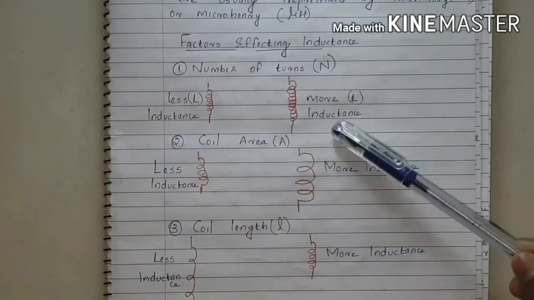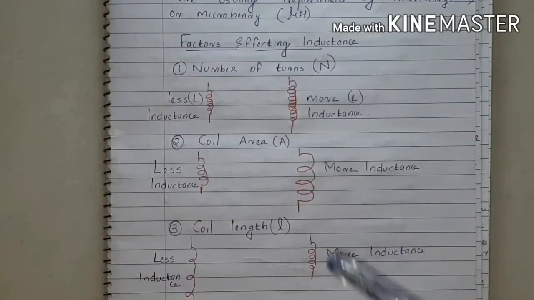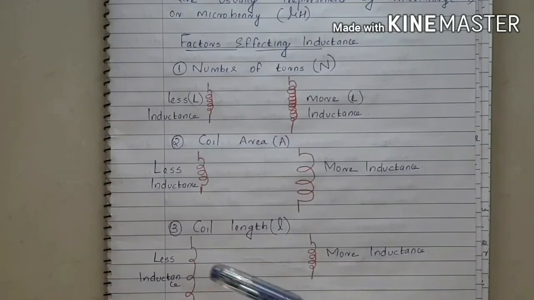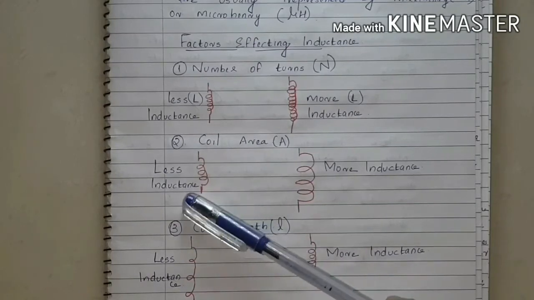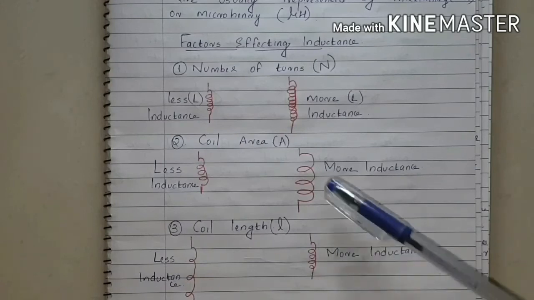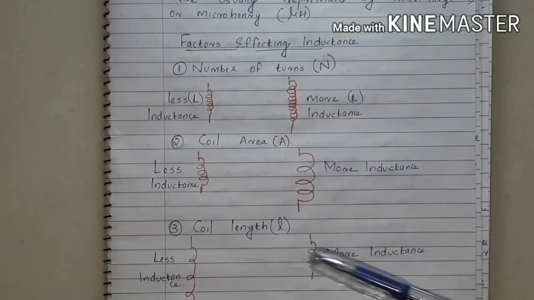If number of turns is more, N is high, there will be more inductance. Second factor is coil area. If area is less, there will be less inductance. If area of cross section of the inductor is more, we will get more inductance value.